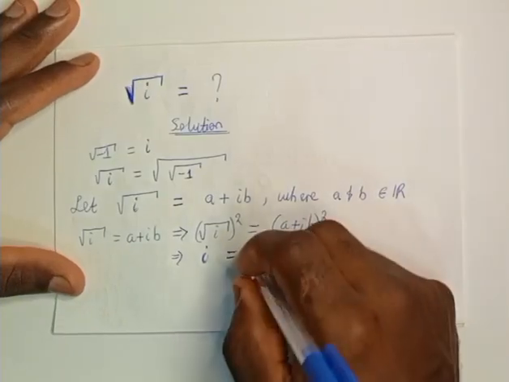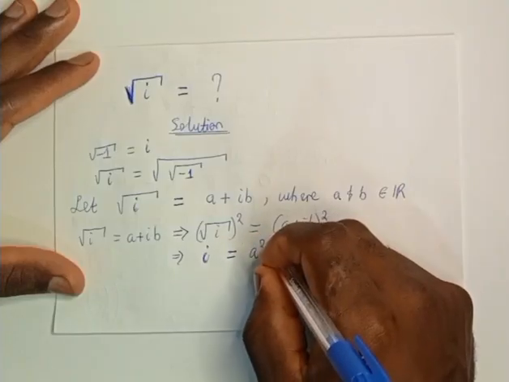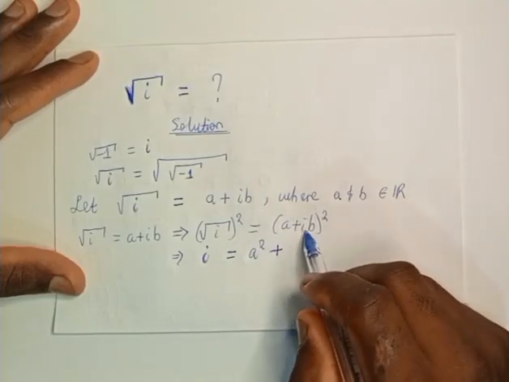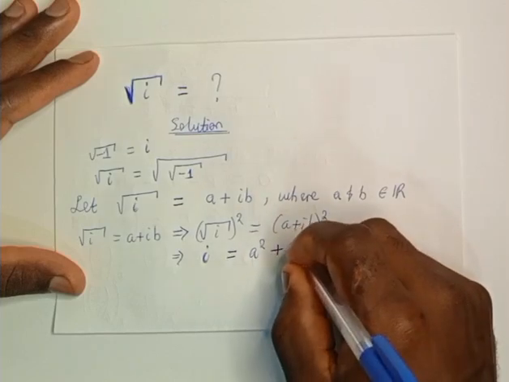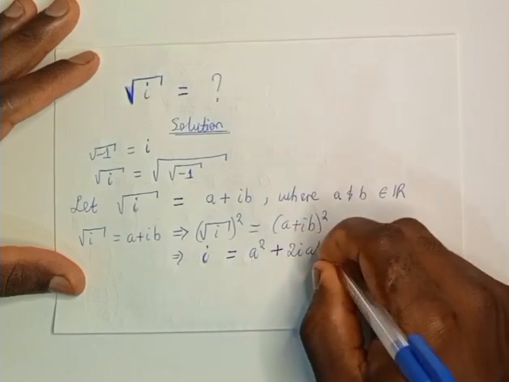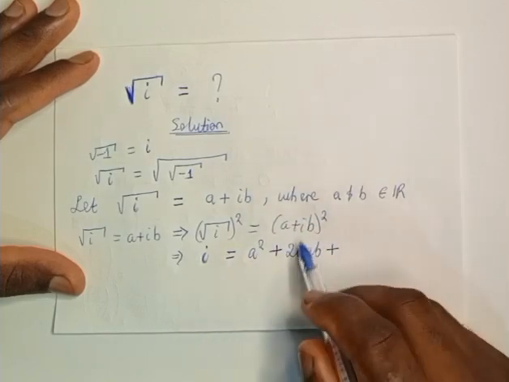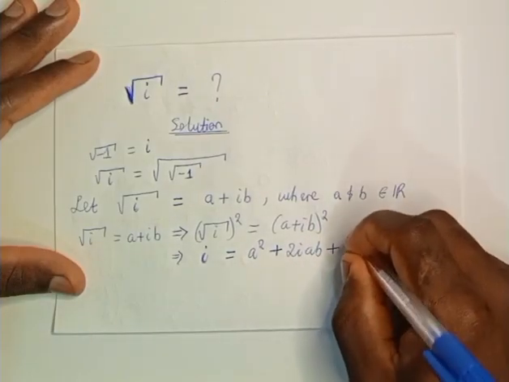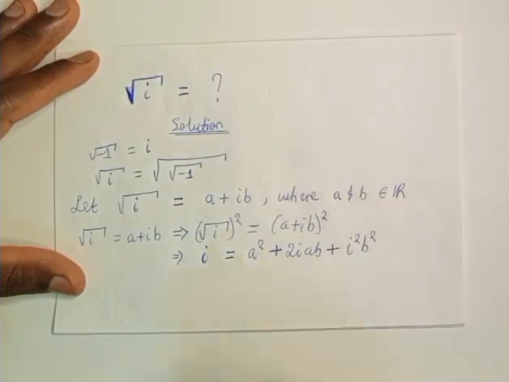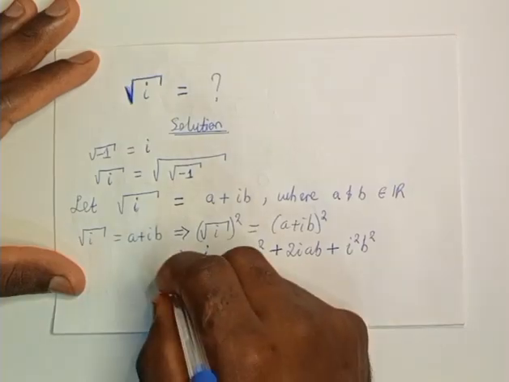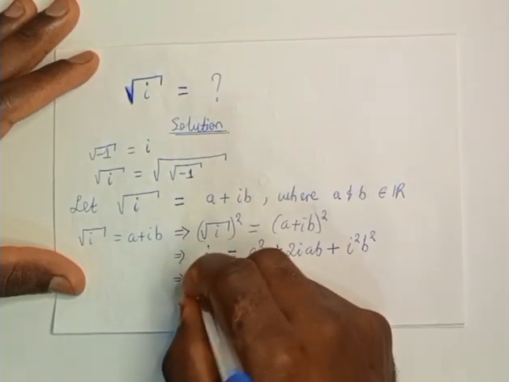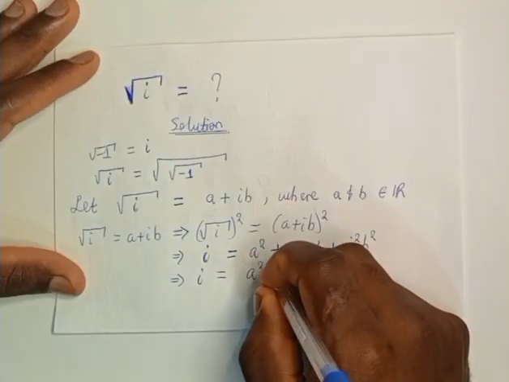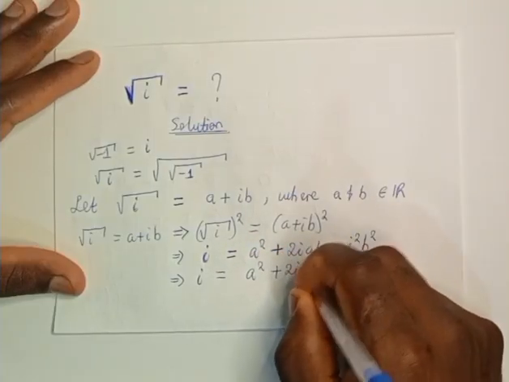This will give us a squared plus, we take 2 times a times ib. This will give us 2iab plus i squared b squared. Then i will be equal to a squared plus 2iab.